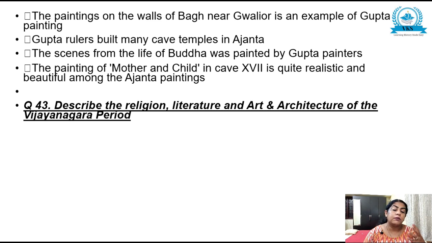Always be very thorough with the subheadings. That is, first you have to think why the Gupta age was called the Golden Age, and to which ages it was compared. Then revival of Hinduism, contribution in education, literature, science and technology, art and architecture, etc. And then conclusion. So this is how you build an essay.